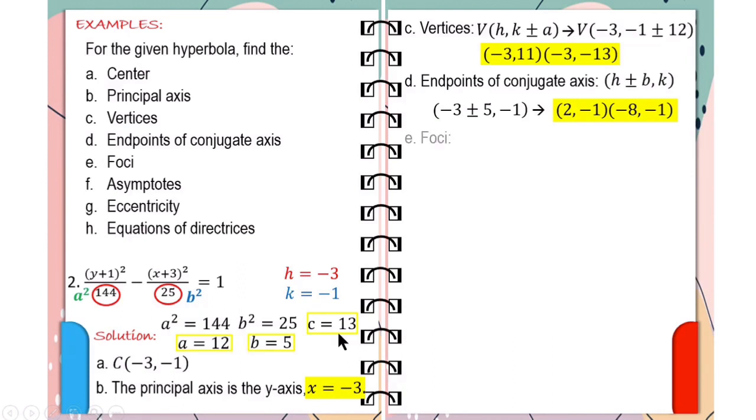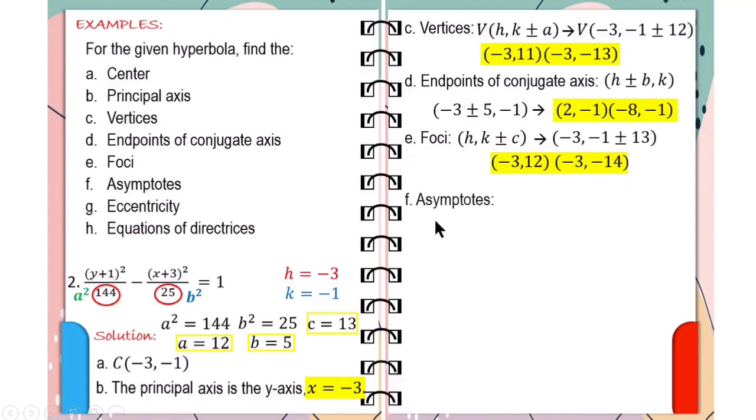Thus, the foci are (h, k ± c), or (−3, −1 ± 13), which are (−3, 12) and (−3, −14). Copy −3 and simplify. −1 plus 13 is positive 12, and −1 minus 13 is −14.